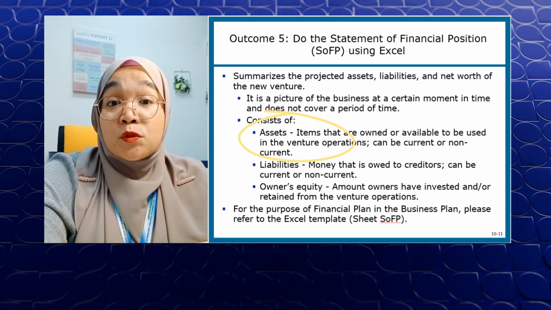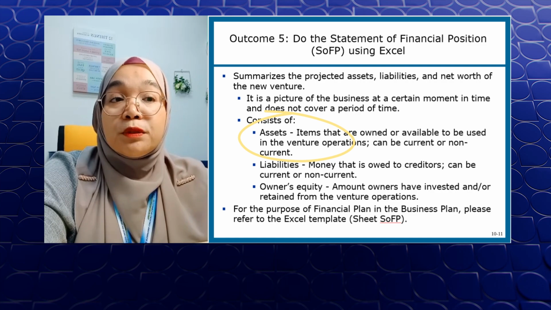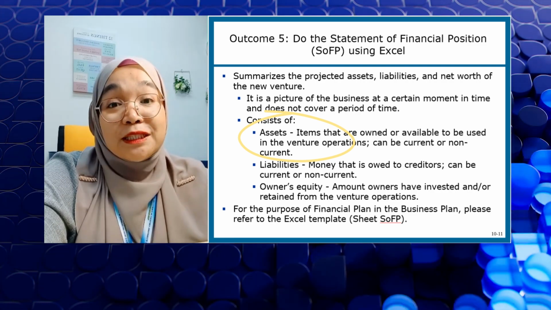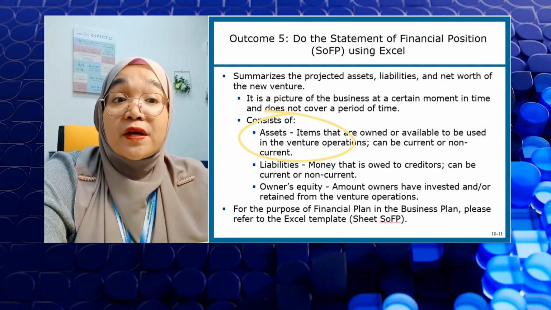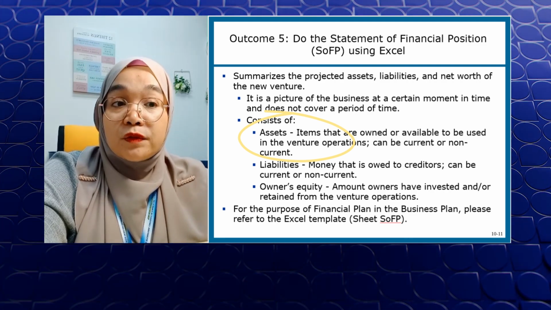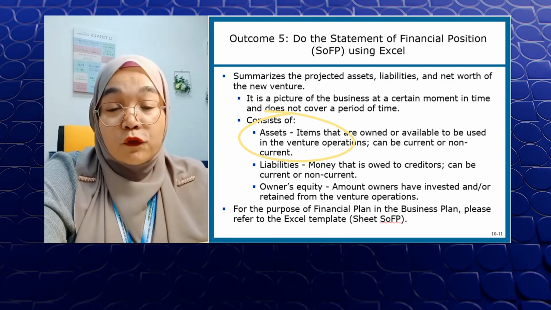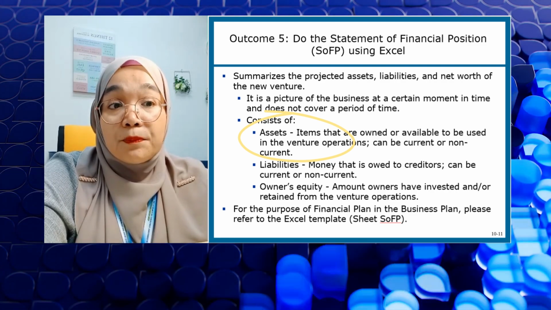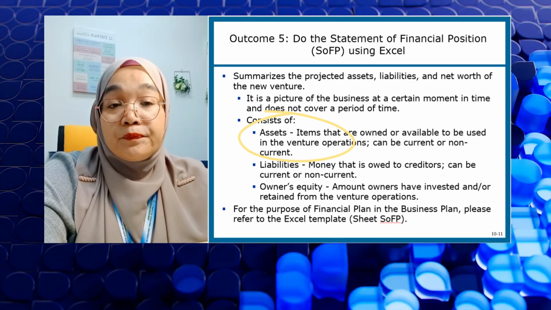It consists of assets, items that are owned or available to be used in venture operations, which can be current or non-current assets. Examples of current assets include cash, account receivable, prepayment, and also inventory. Examples of non-current assets include computer, fax machine, land, and also property.